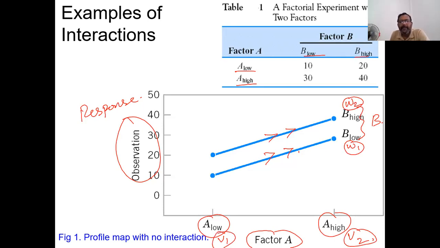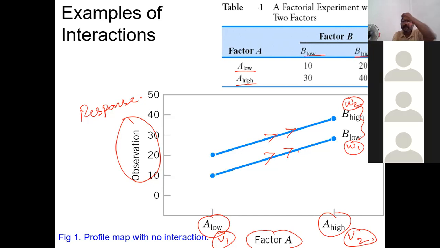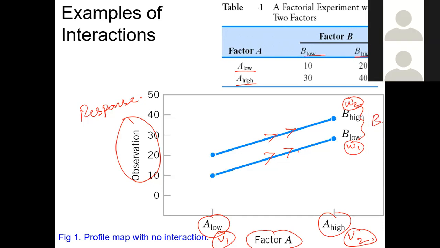Tell me, what is the best W for variety 1?